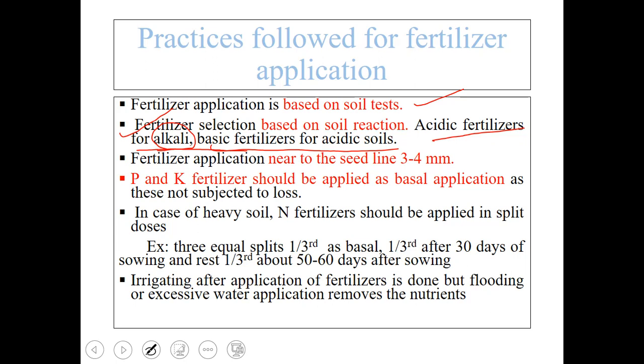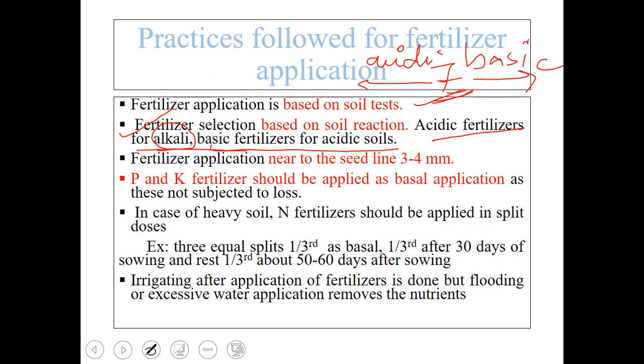Why? See, 7 is the neutral pH, right? Less than 7 it is acidic, and more than 7 it is basic. We always want a soil pH of 7. A little less or a little more is okay, but it should not be highly acidic or highly basic.